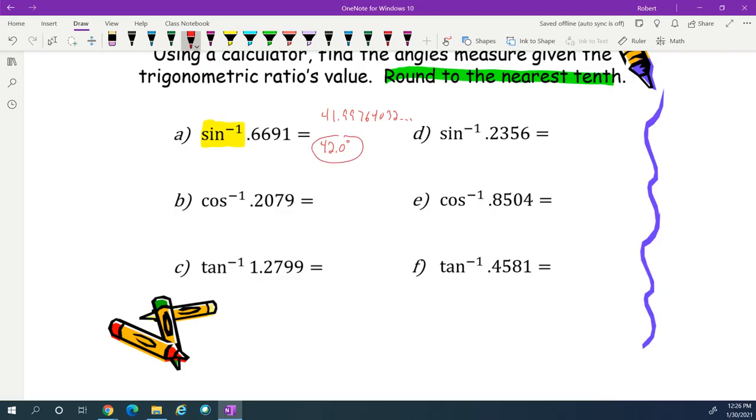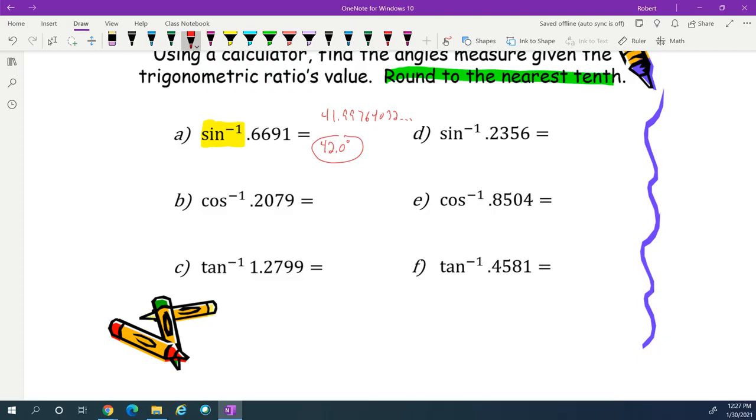Now, again, we want to make sure our calculator is in degrees. If it is in a different setting, our answers are going to be very different. And this is clearly just a calculator exercise. I'll explain to you where that decimal is coming from in just a minute. But it makes no difference if we can't use a calculator.